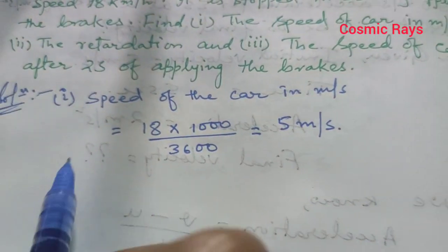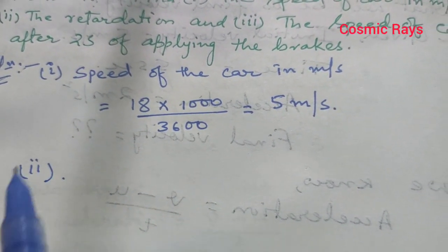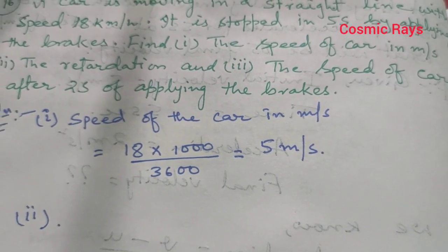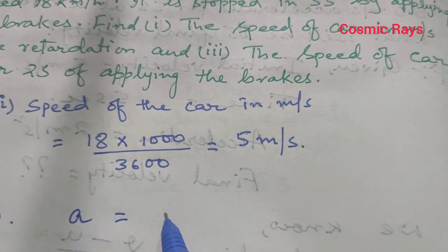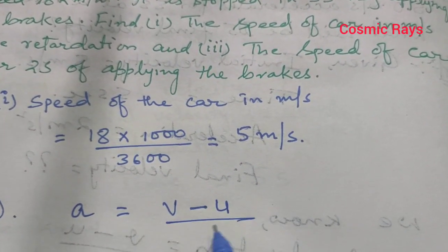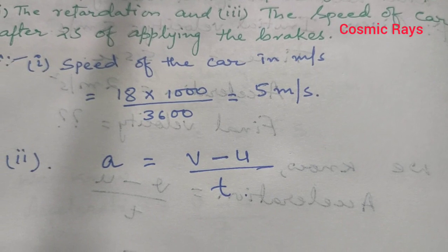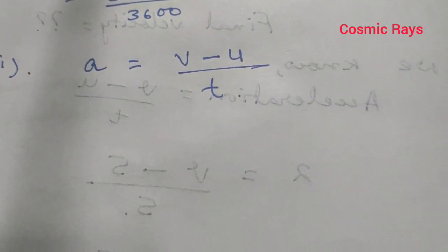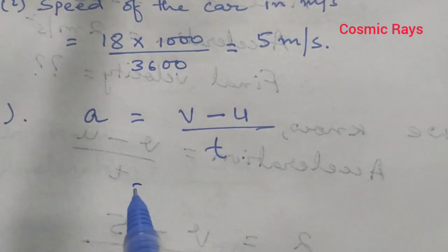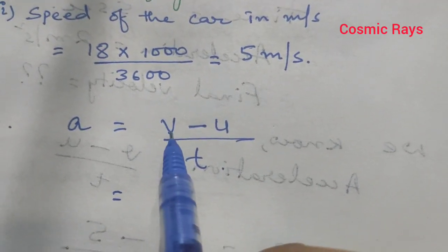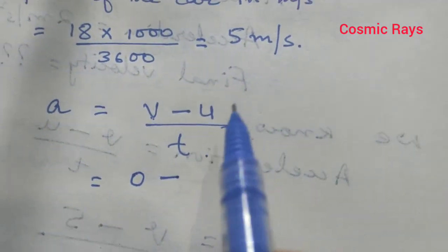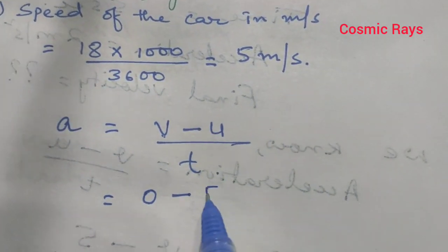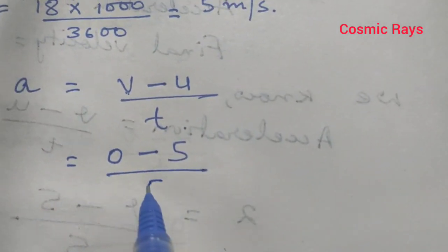Okay. Now the second part of the question is we have to find the retardation. So we know acceleration is given as final velocity minus initial velocity upon time taken. So we write the values. Acceleration is what we have to find out. So final velocity, finally it's coming to stop. So that is 0 minus initial velocity we have calculated 5 meter per second. And the time taken for achieving this is again 5.